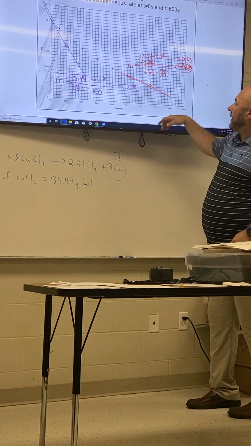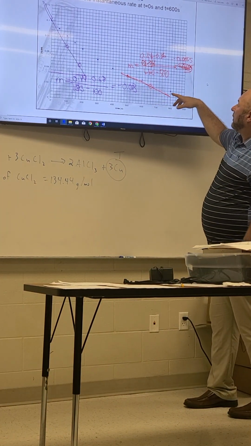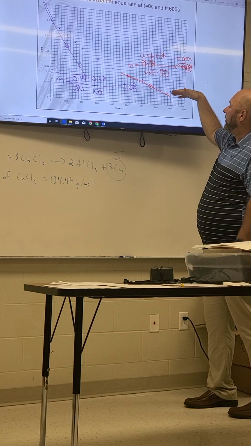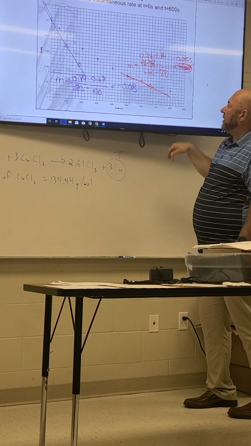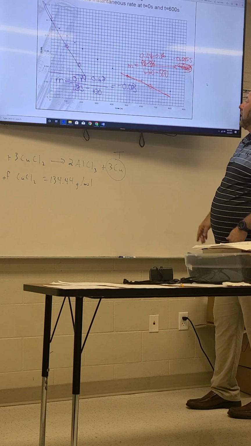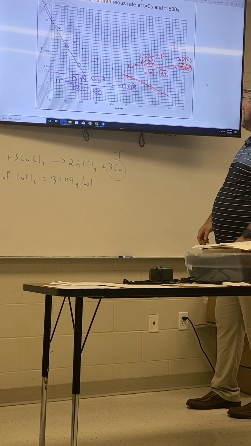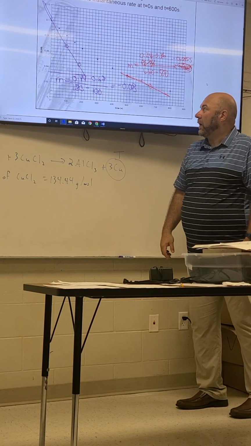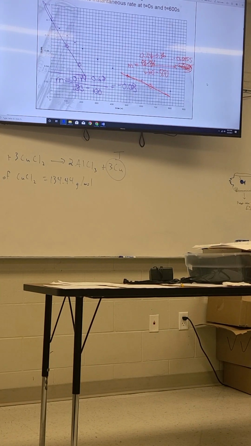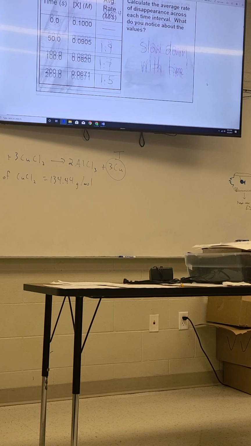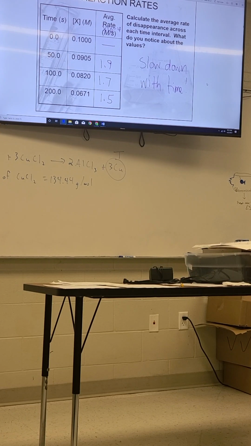And then we looked at this time frame, drew another tangent line, and then took the slope of it. You could do that as many times as you needed to, but the whole point was that we actually calculated the average rate between those time frames.